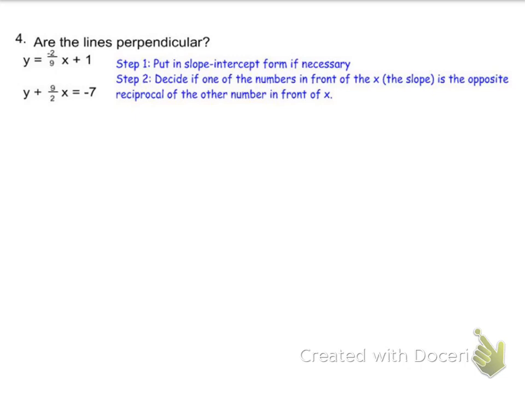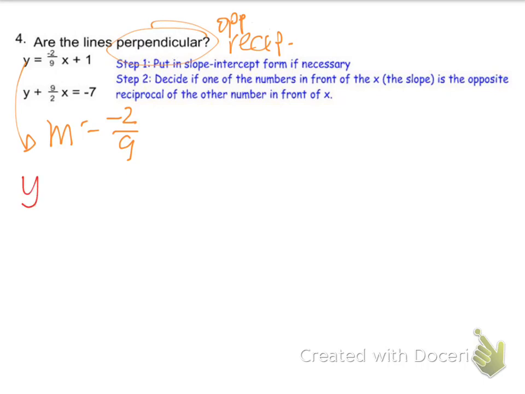Alright, now when we're looking at perpendicular slopes, remember that perpendicular means opposite reciprocal. So what we have to do is select one, put into slope-intercept form. This one is already in slope-intercept form for us. So for this first line, my slope equals -2/9. For this one, it's not in slope-intercept form right now, so let's change that. So I'm going to have y equals -9/2 x minus 7.